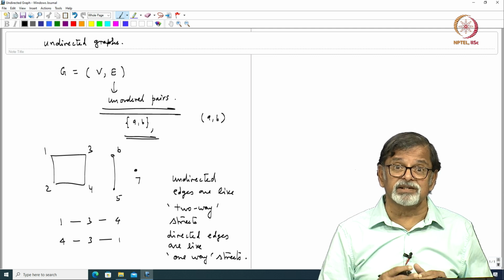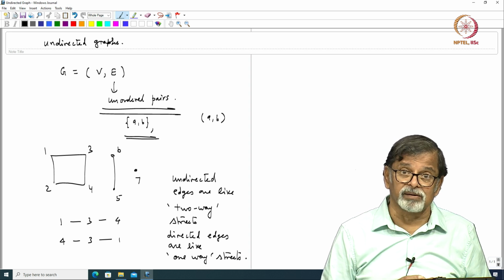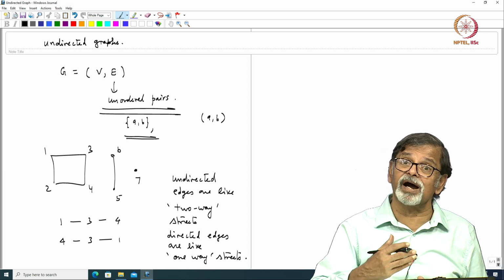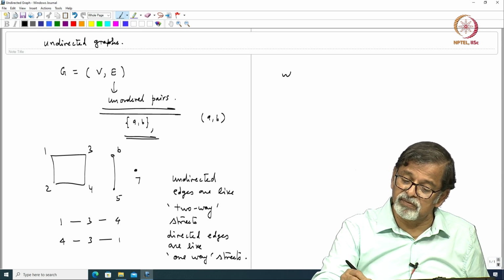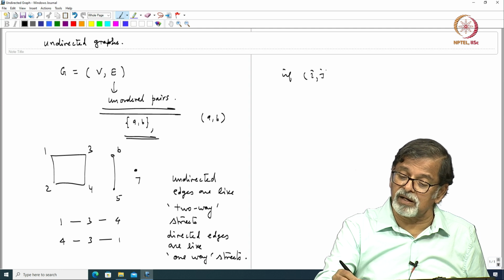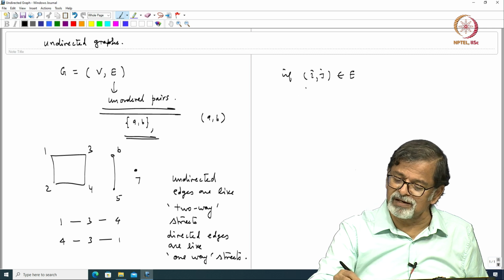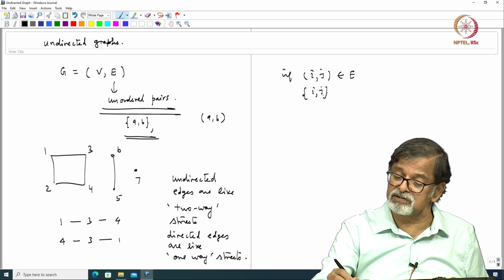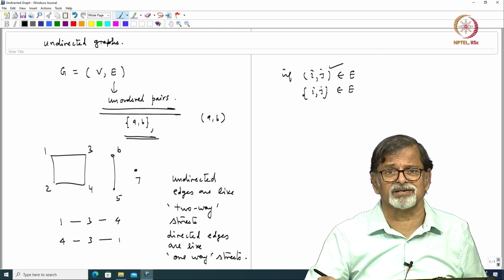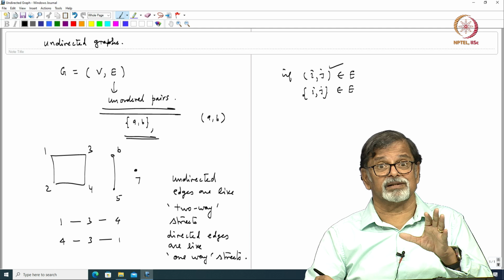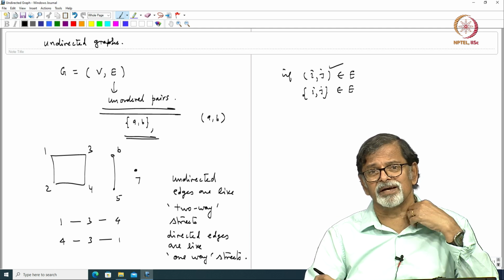So, in the adjacency matrix we would fill both 1 3 and 3 1 as 1. If ij belongs to E, strictly speaking I should write it like this, but I will continue to use this notation with the understanding that I am now dealing with an undirected graph, therefore that represents an unordered pair.